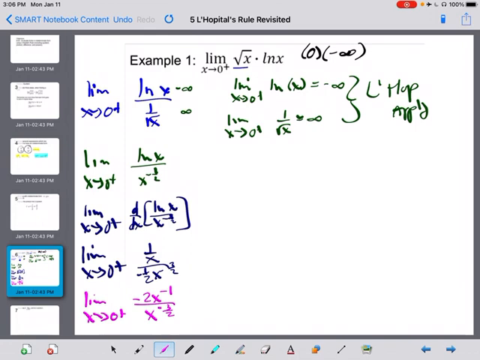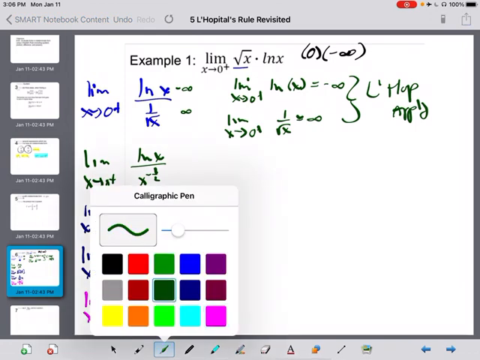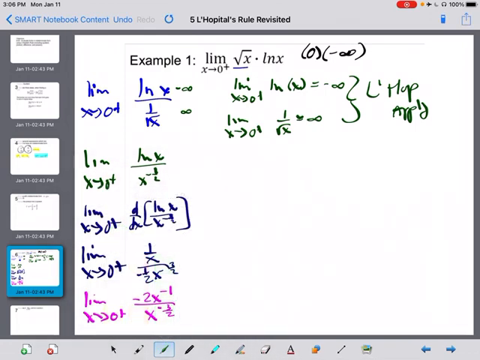So I'm going to just continue to rewrite this to help me out here. Maybe I don't have to use L'Hopital again. The limit as x approaches 0 from the right, this is going to be negative 2x to the positive 3/2 divided by x.